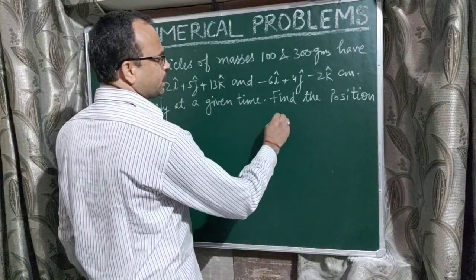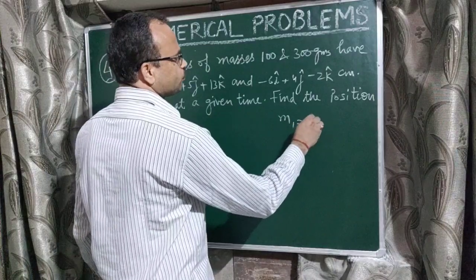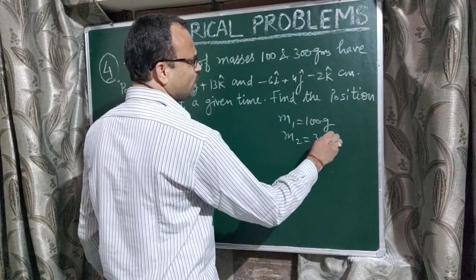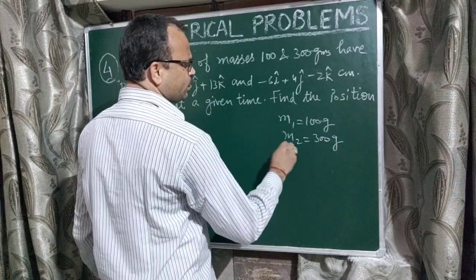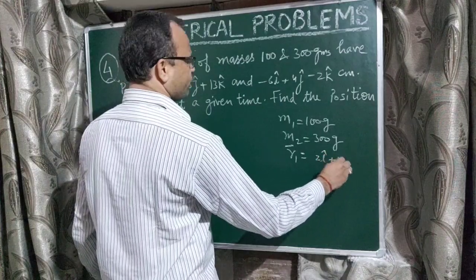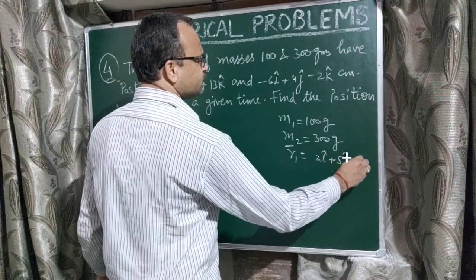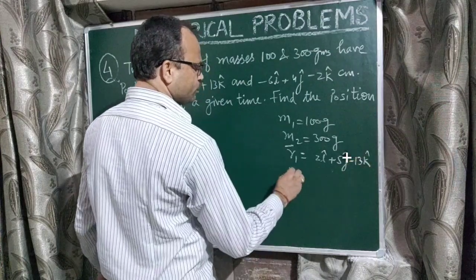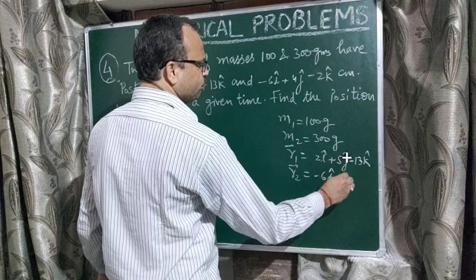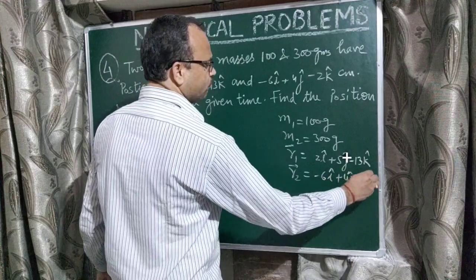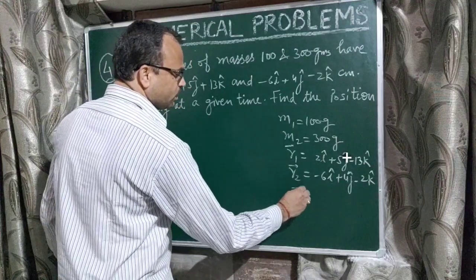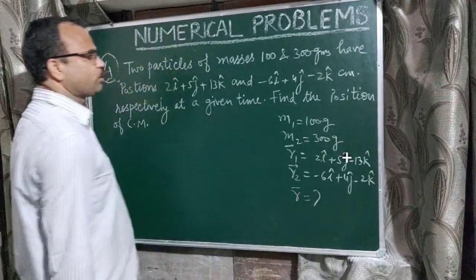First we note the given values: m1 equals 100 gram, m2 equals 300 gram, and the position vector of the first particle is 2i cap plus 5j cap minus 13k cap, and the position vector of the second particle is minus 6i cap plus 4j cap minus 2k cap. We have to find the position of the center of mass.